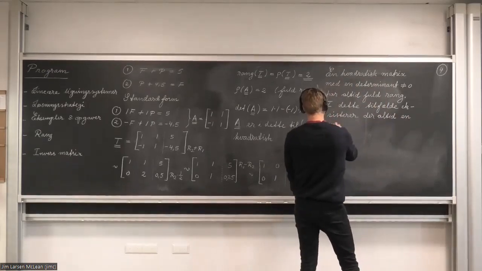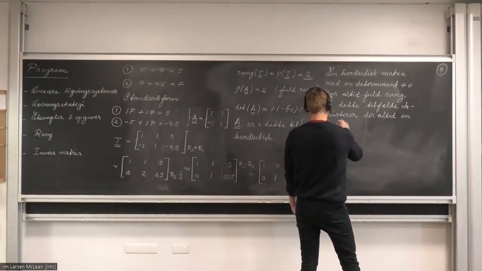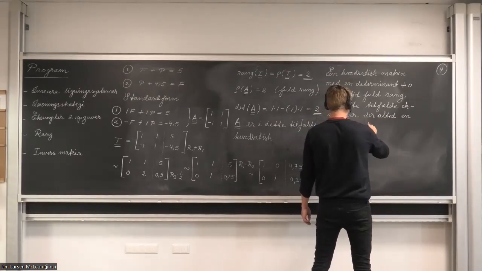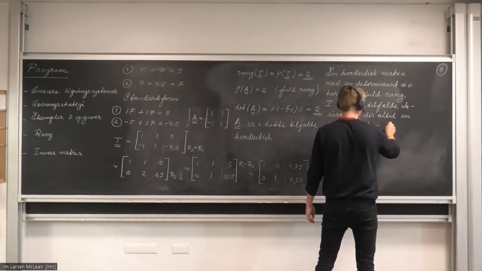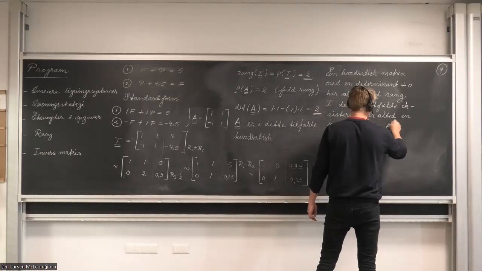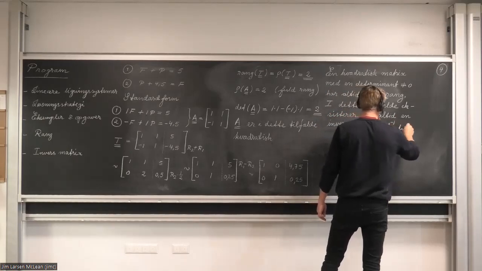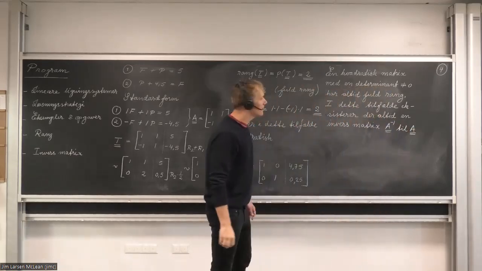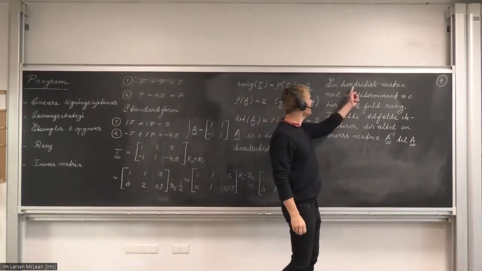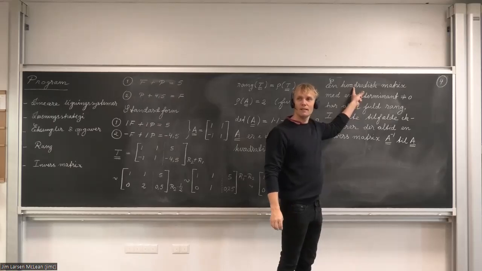An inverse matrix, and you write it like this. So what I've noted here is that if you have a square matrix, and what is that again? It's a matrix with an equal number of rows and columns.